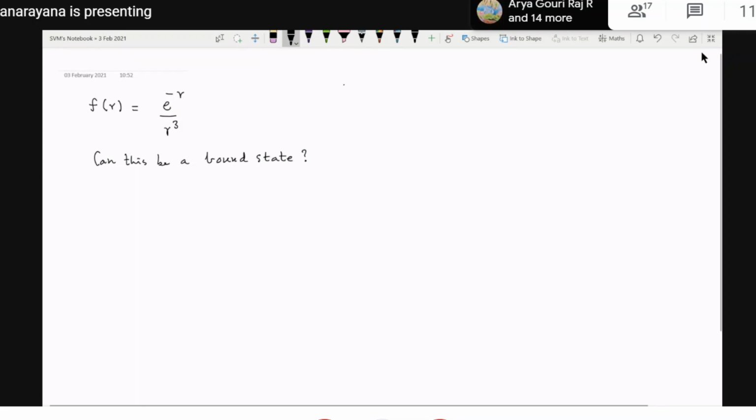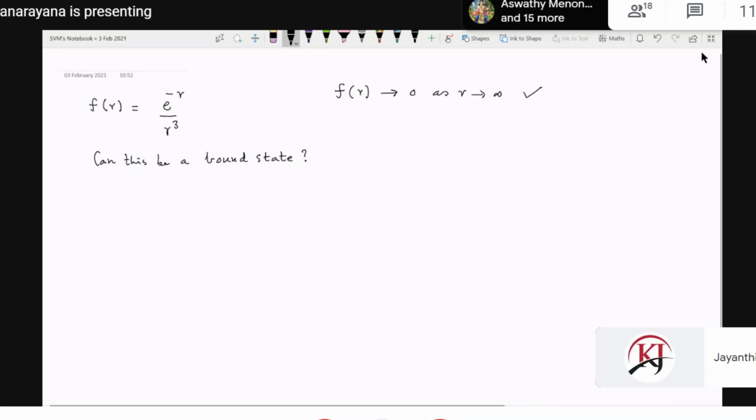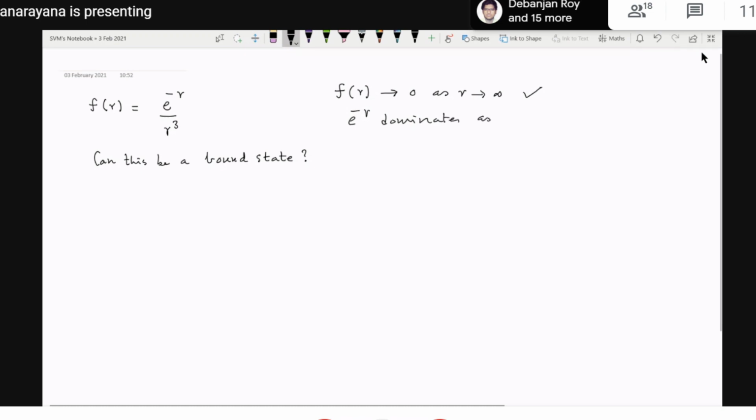Okay, so f of r going to 0 as r goes to infinity is clear, because e to the minus r dominates as r goes to infinity.